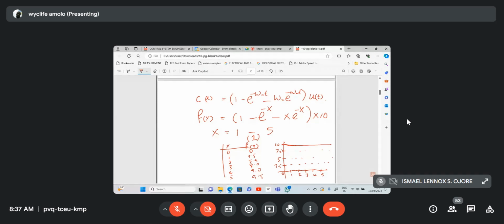So 0 is supposed to be 0, 1 is 2.5, 2 is 5.9 somewhere there, 3 is 8, 4 is 9.0, 5 is 9.5.